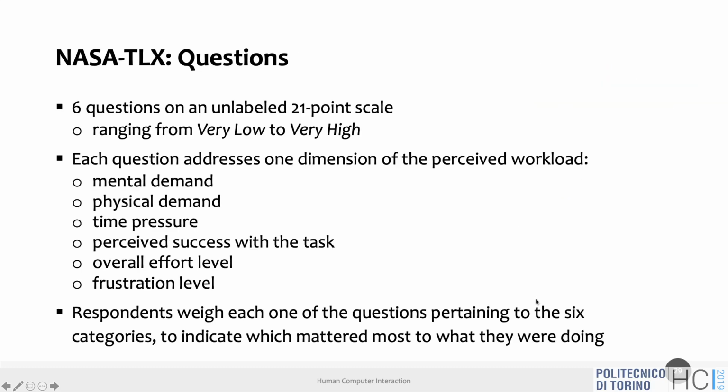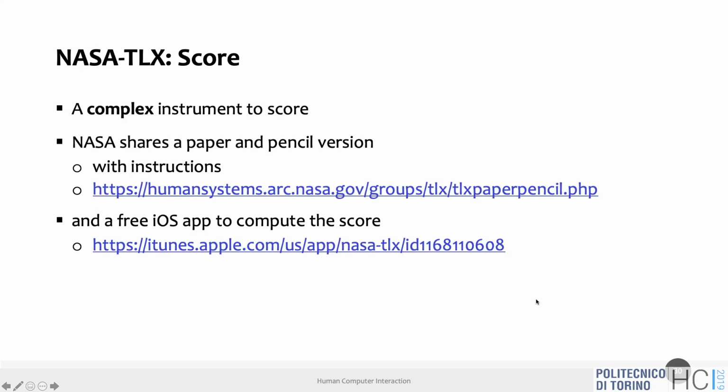And the respondents of this survey weight each of these questions in these 6 categories, and you can say, okay, this system is much more complex for the physical demand, for the mental demand, and so on, for the frustration, and so on.